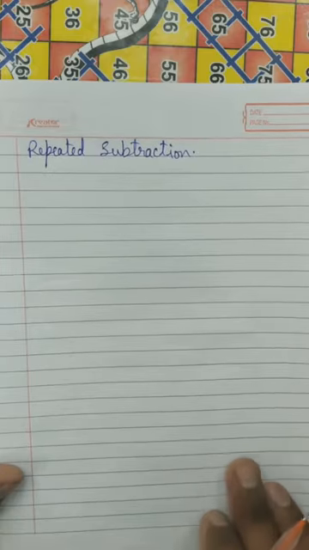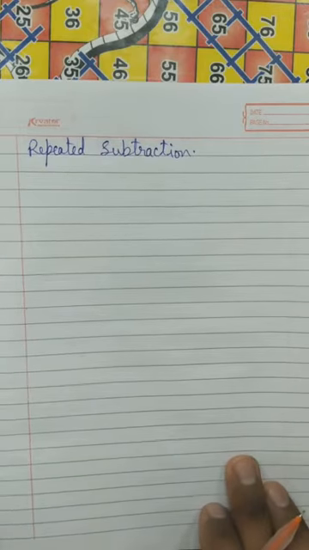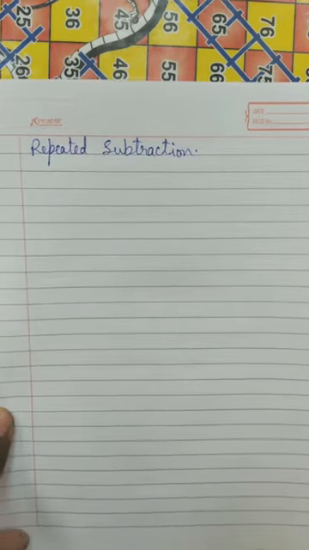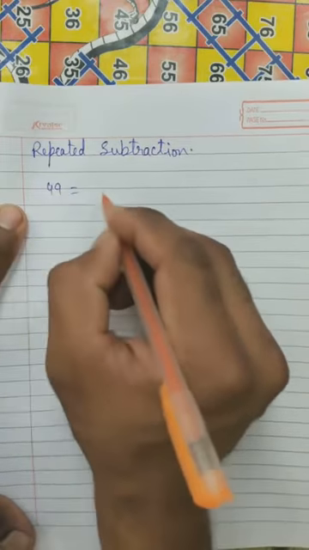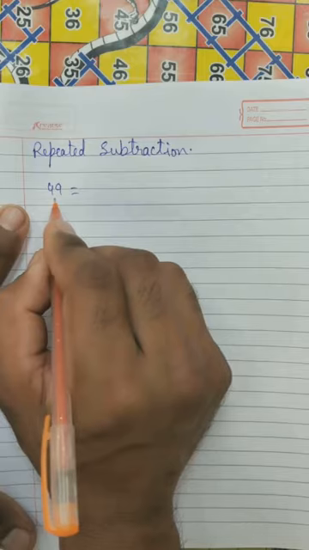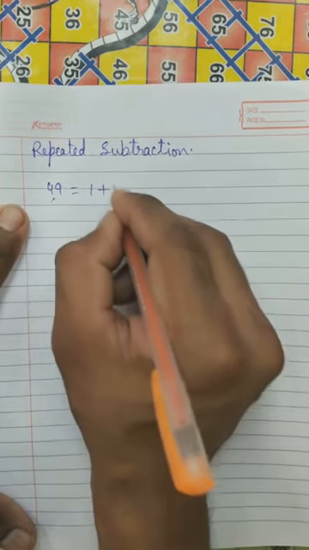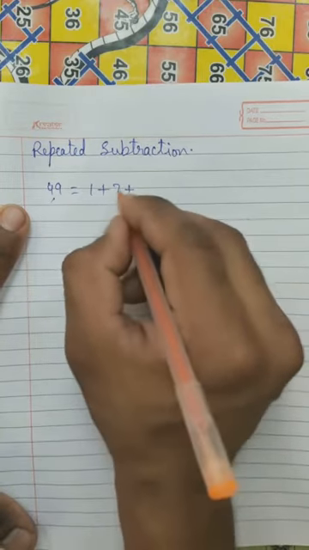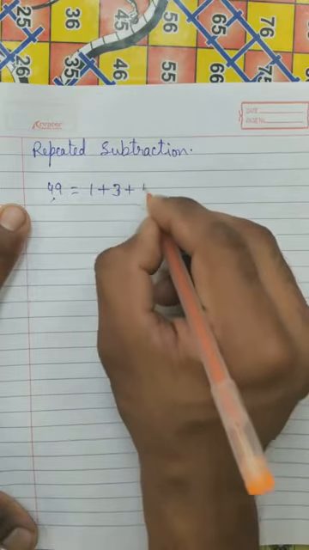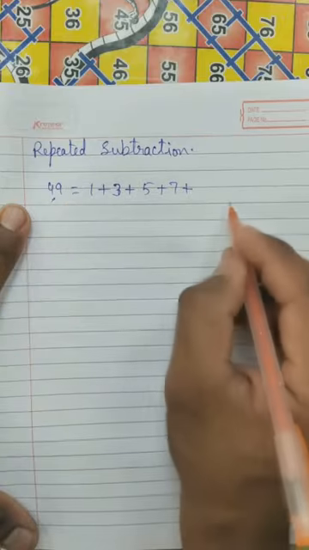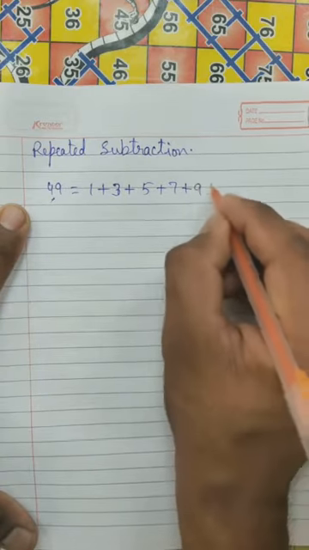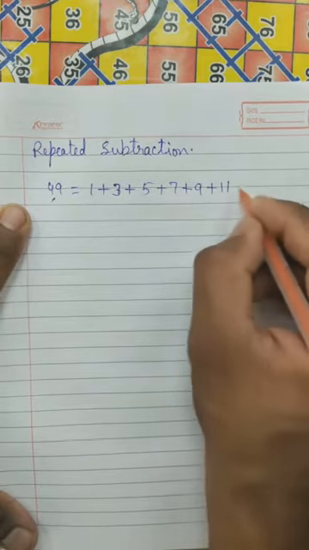The next concept we are going to cover is repeated subtraction. Remember one thing before doing this: I told you 49 is the square of 7, so it can be represented as the sum of consecutive odd numbers. How many? It is the square of 7, so there will be 7 numbers: 1, 3, 5, 7, 9, 11 and 13.